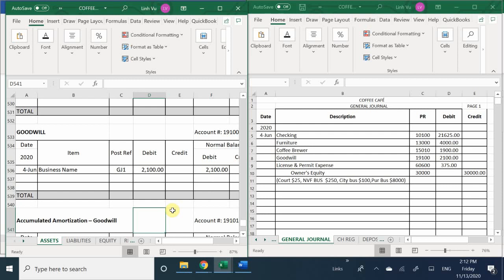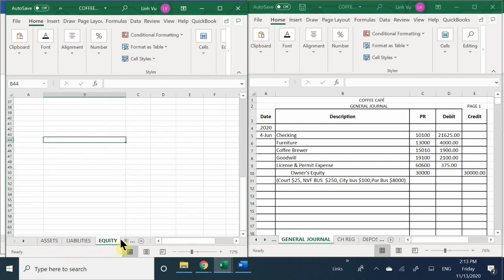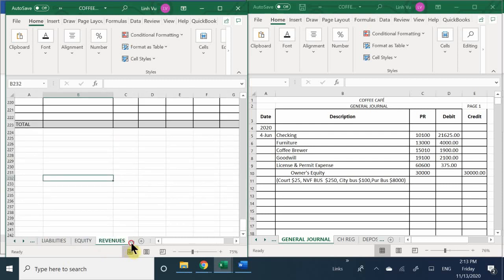All right, am I moving at an okay pace? Okay, so the next thing we have is our license and permit expense. Because I separated each sheet according to account type, we're just going to have to find our expenses.